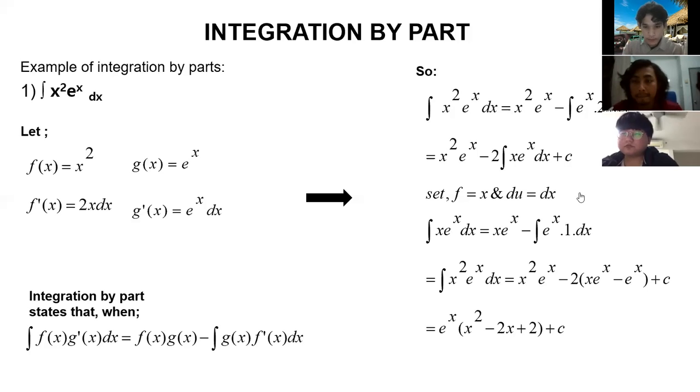So it will be the integral of x to the power of 2 e to the power x dx equals x to the power of 2 e to the power x minus 2 times x e to the power x minus e to the power x, plus C. And this is the result, e to the power x times x to the power of 2 minus 2x plus 2, plus C.